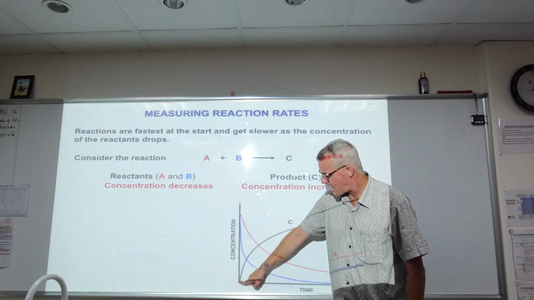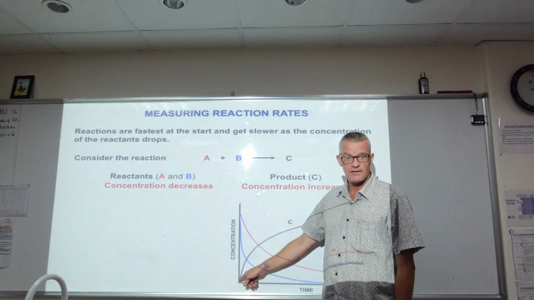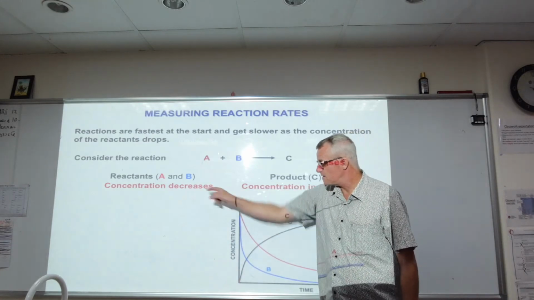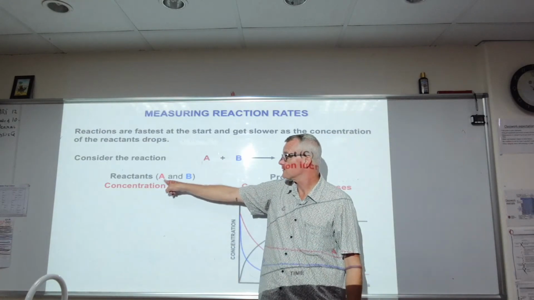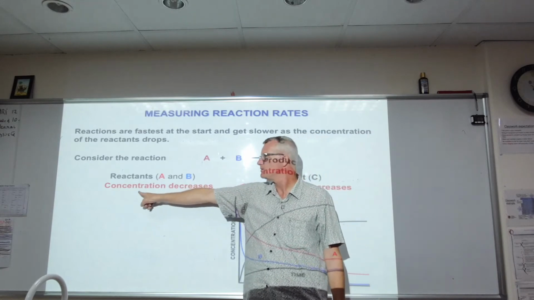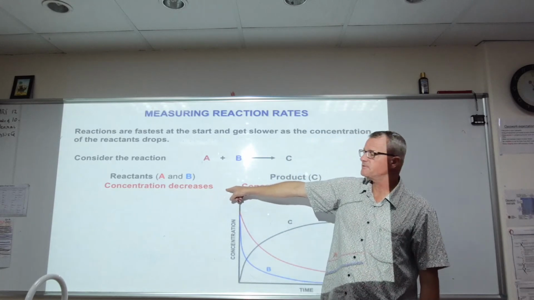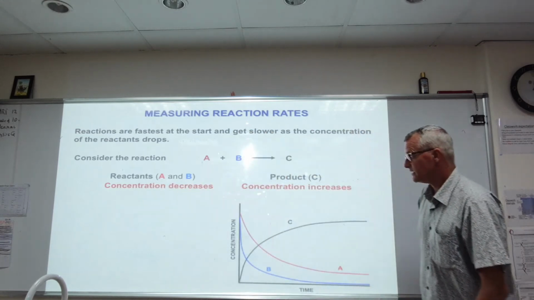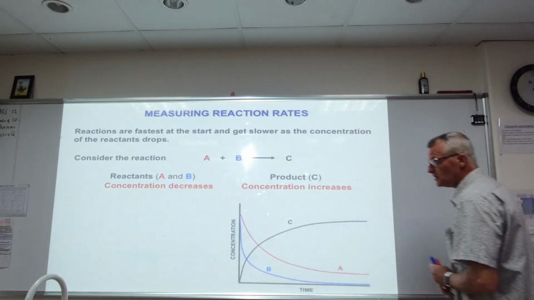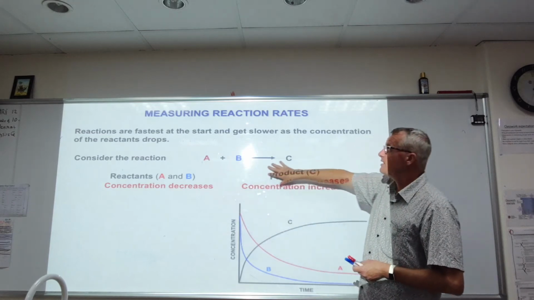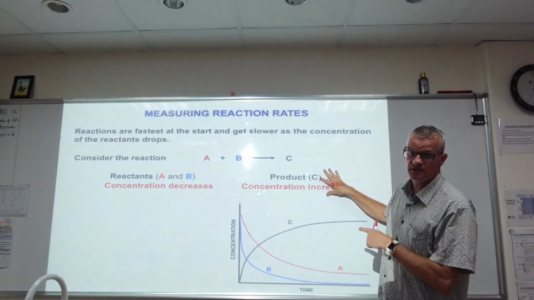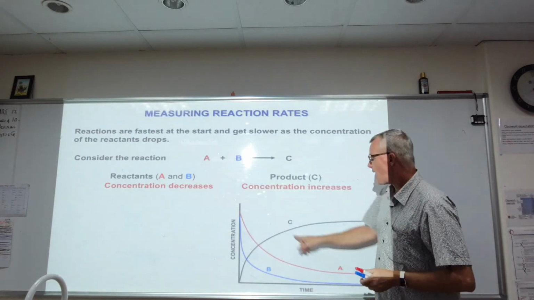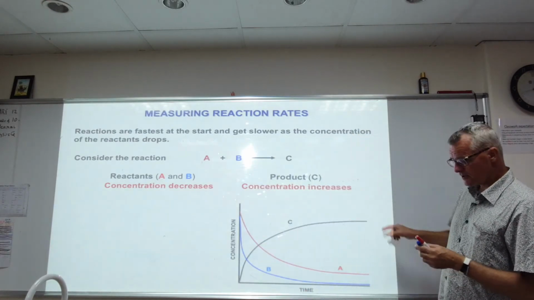That means at the beginning the reaction takes place at the highest rate. Now, during the time, the amounts of A and B are going to decrease, meaning the concentration is going to decrease, meaning that the amount of product formed in a certain amount of time is going to decrease until it slows down to 0.